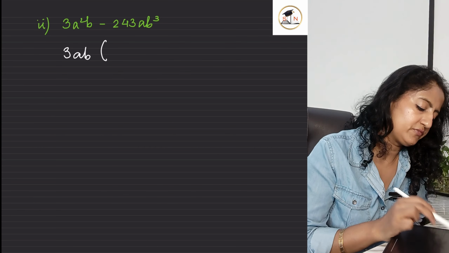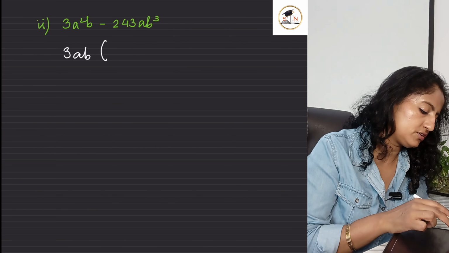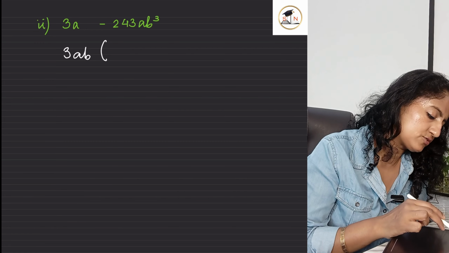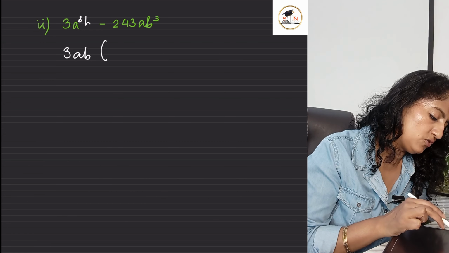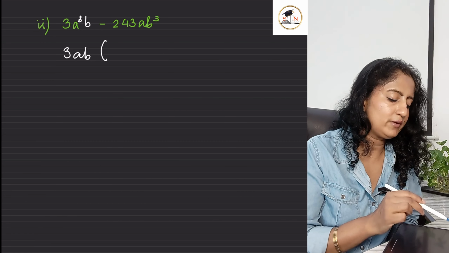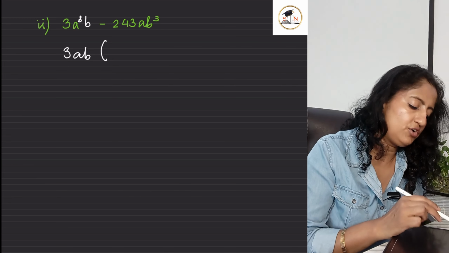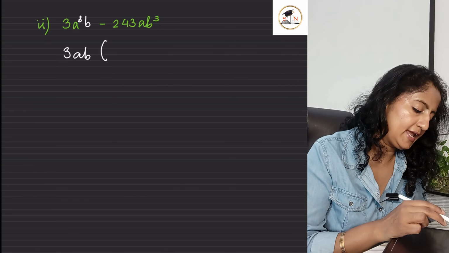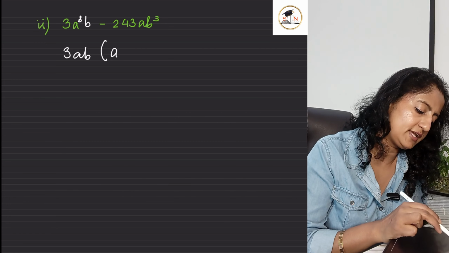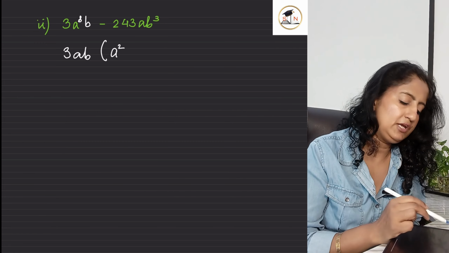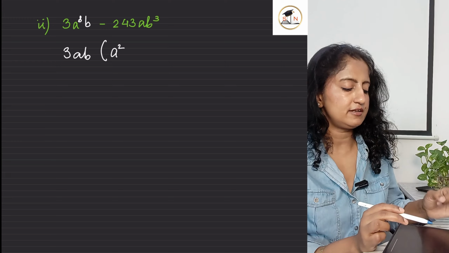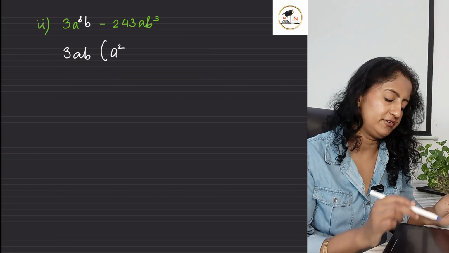And when I do that, what are we left with? Just a moment. The quotient has to have a cube b, right? So now when I take out ab as a common factor, what are we left with? 3 gone from the first term, a gone from the first term, leaving us with a square, and then b also gone. So we are just left with a square in the first term.